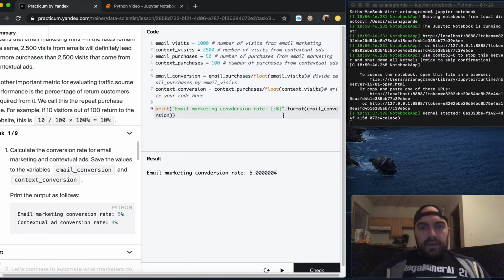But now we have decimals, and we don't want decimals, so let's see. I wonder if it's just okay with that happening. We'll just play with it for right now and see if that's going to be okay. So we do print contextual ad conversion rate.